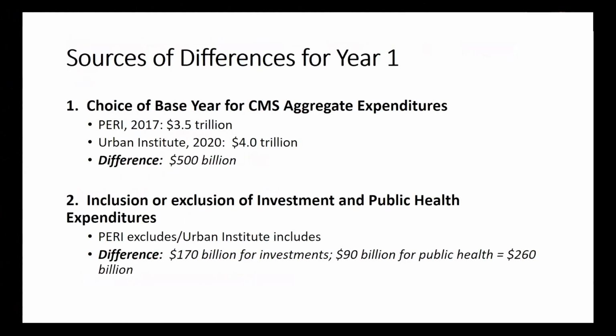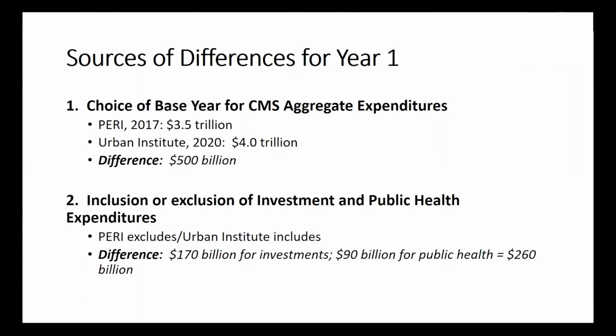Okay, why? What are the sources of the difference? As it turns out, some of it is pure accounting. So that's actually more than 50% of the one-year estimate. That is, Perry starts with the year 2017 as our baseline, and Urban Institute starts with 2020. And between 2017 and 2020, the base actually goes up by $500 billion. So that's just a matter of pure accounting.